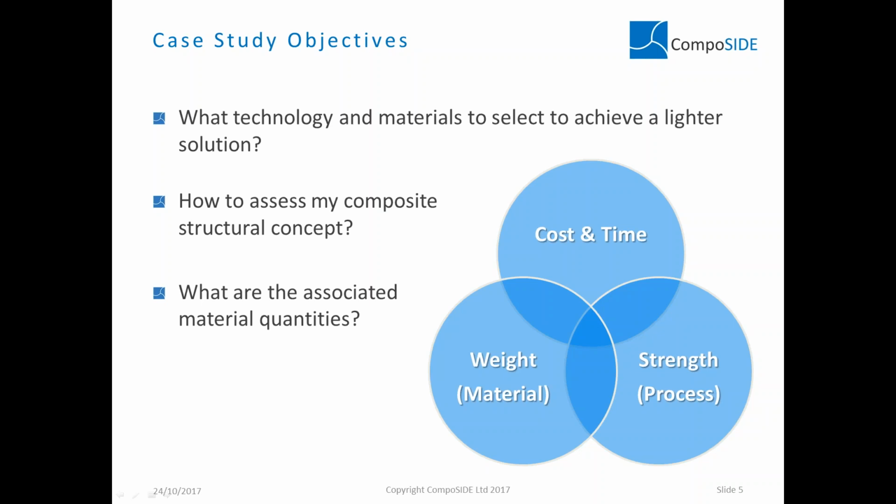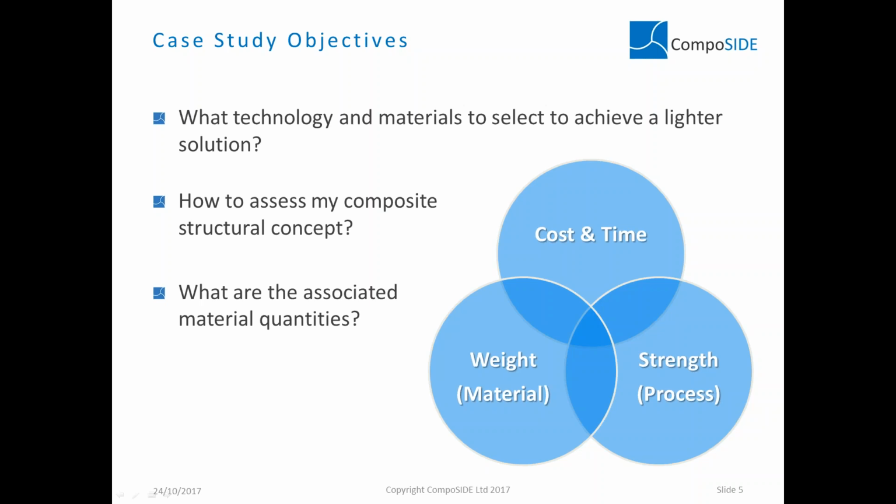How do I assess my composite structure or composite concept? And what are the associated material quantities? These are all factors that lead from the questions: how much weight can I save? How much stronger or stiffer will my resulting structure be? And how much time can I save? So it's all a careful balance between those three factors: cost and time, strength and weight.